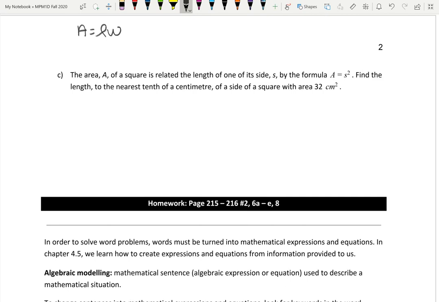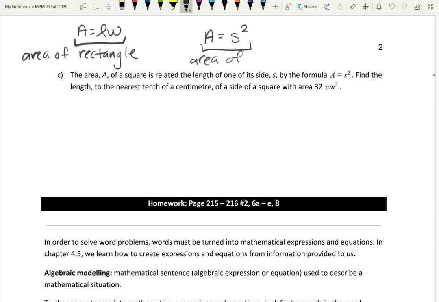The more correct formula to use for area of a square is A is equal to side squared. Okay, this is the formula for a rectangle. Area of a rectangle. This is the correct formula for area of a square.